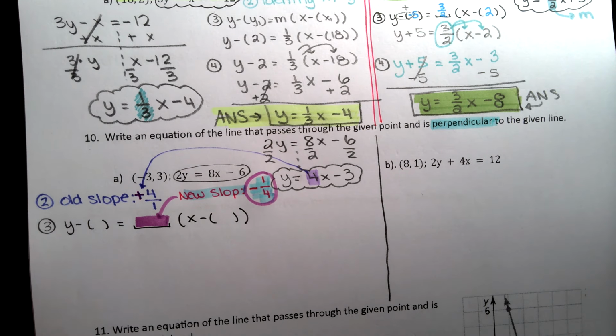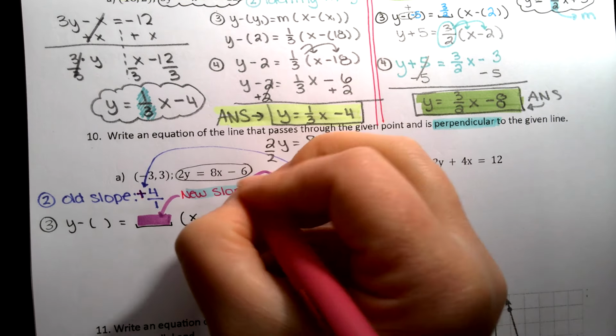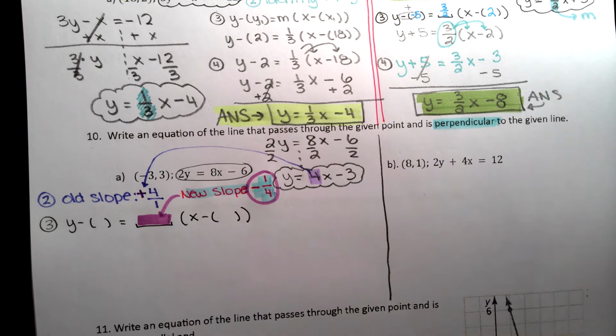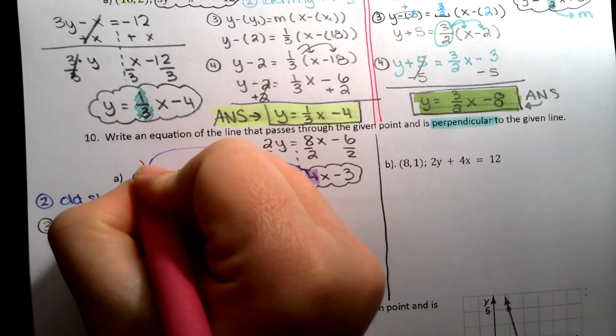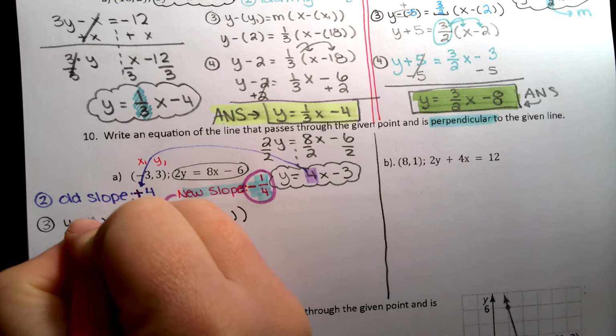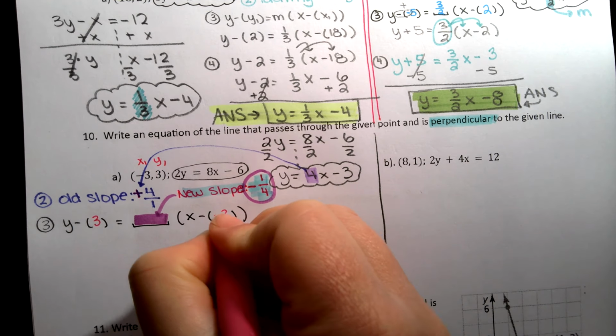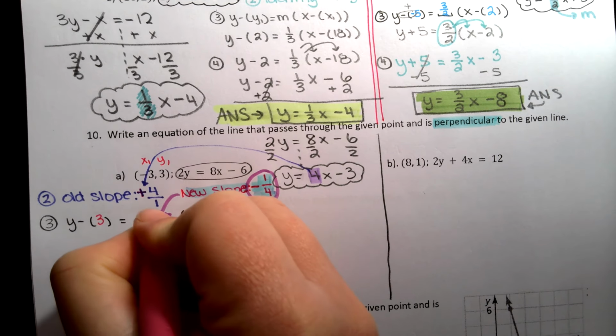So perpendicular means opposite reciprocal. We are taking the negative and the positive. We are also flipping the fraction. So label our point, x1, y1. y1 is 3, x1 is -3, and our new slope is -1/4.